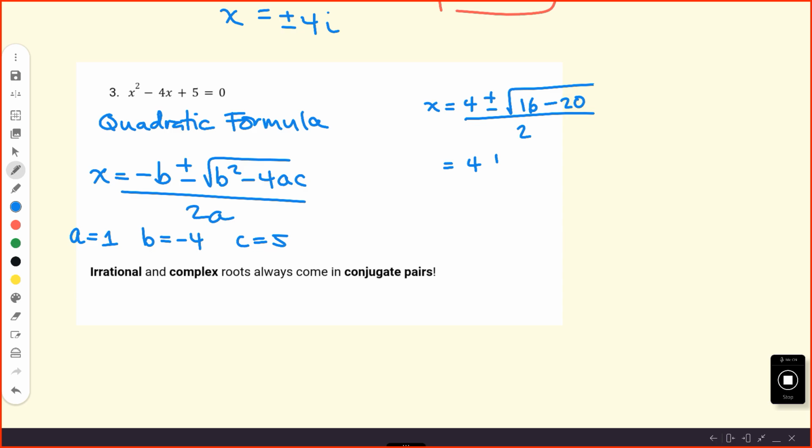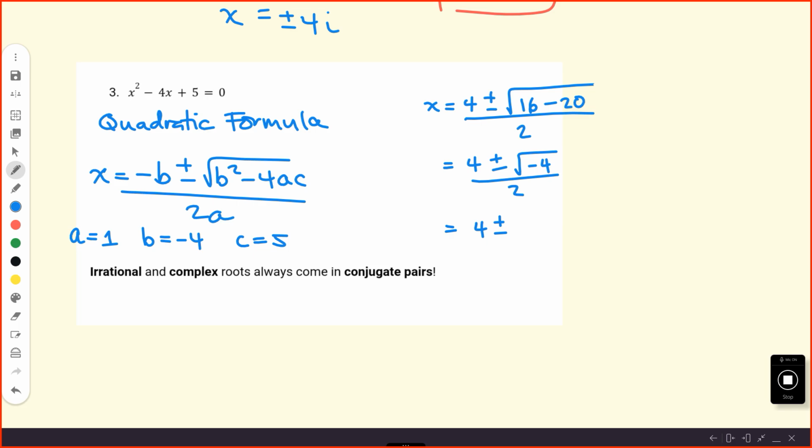So we got 4 plus minus the square root of 16 minus 20, which is -4, and then over 2. Now remember, we have a negative number inside the square root. That means we have an i here, imaginary. So I can write 4 plus minus, what is the square root of negative 4 in simplified form? 2i.